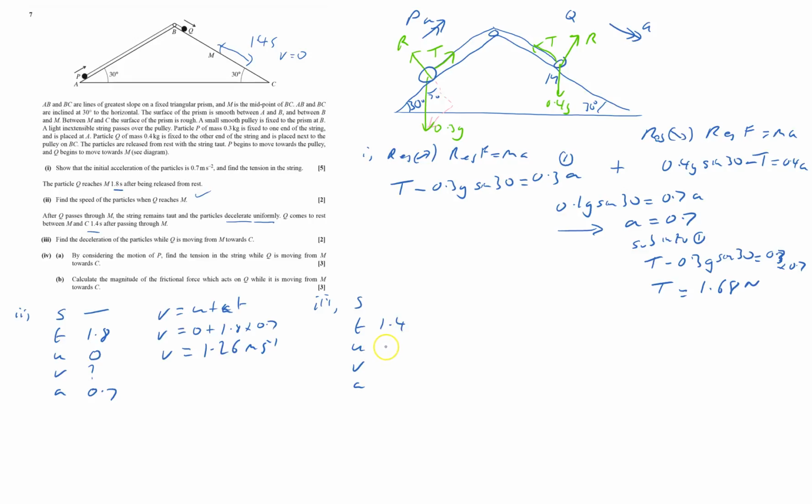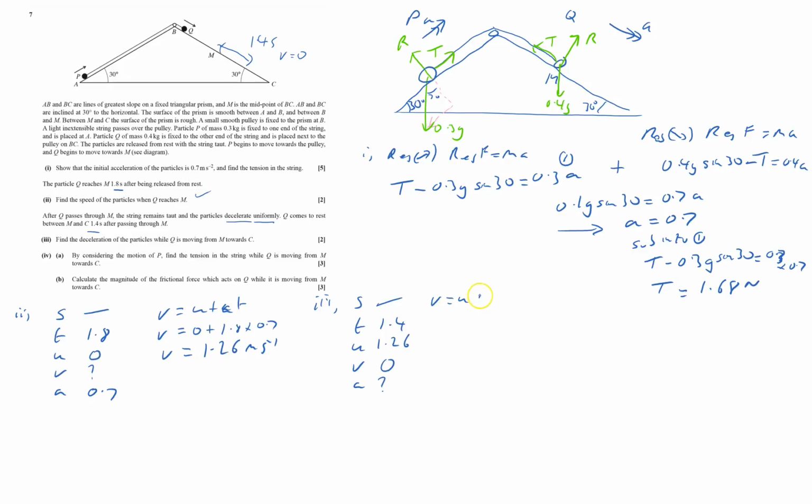The initial velocity is the velocity which I've just worked out, the speed when it reaches M, so u will be 1.26. Final velocity is 0, and the acceleration is what I want to find. I don't care about s. And so I've got v equals u plus at again.